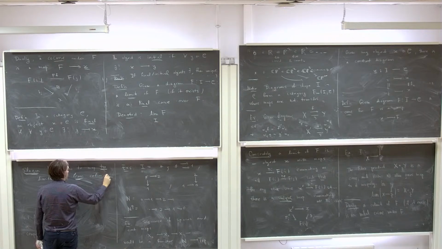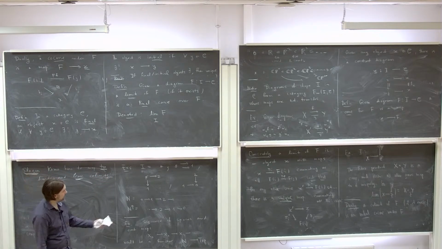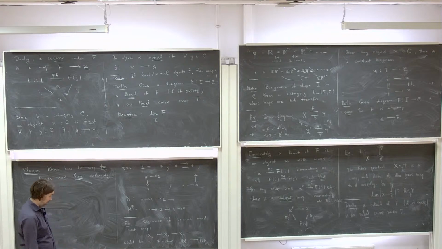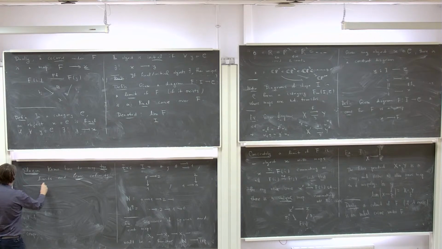And then bear in mind these examples. For instance, if fiber products are pushouts, ask yourself, do I know how to map to a fiber product or out of it? Do I know how to map to a pushout or out of it? Okay. So let's stop there. There'll be lots more examples in the seminar.